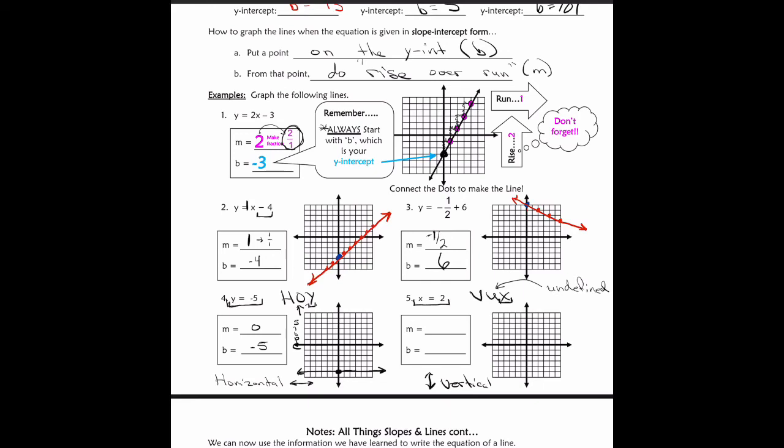So vertical, undefined slope, x equals a number. My slope is undefined, and we can just say u and d for short. And it's never going to cross the y-axis, so there is no b value. So I'm going to go to 2 on my x-axis and put a dot and draw a vertical line.